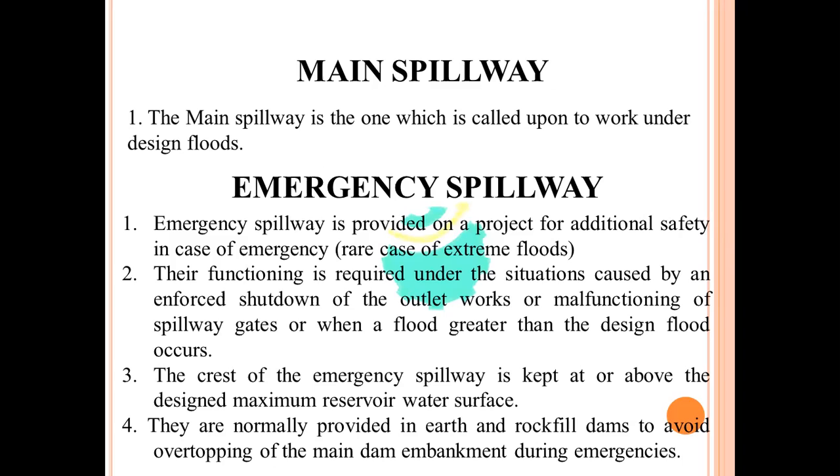The crest of the emergency spillway is kept at or above the designed maximum reservoir water surface. They are normally provided in earth and rock fill dams to avoid overtopping of the main dam embankment during emergencies.